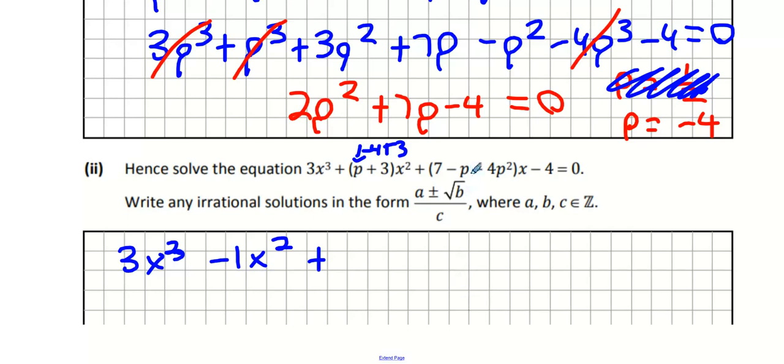Give me a second. So 7 minus 4, yeah? Minus 4 times minus 4 squared. What do you get then? Minus 61x. Okay.